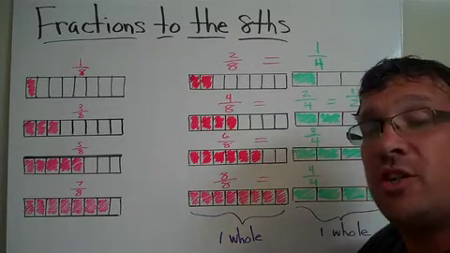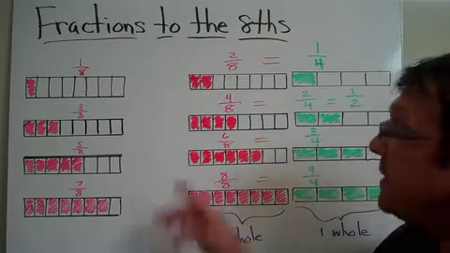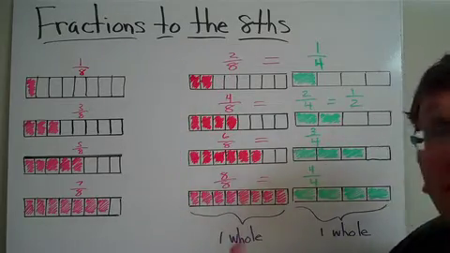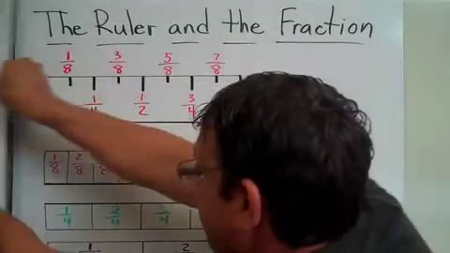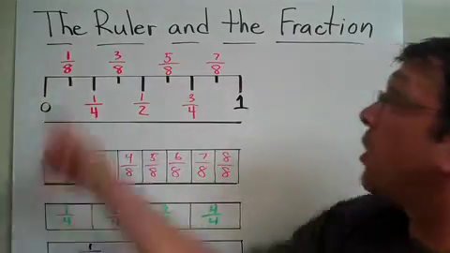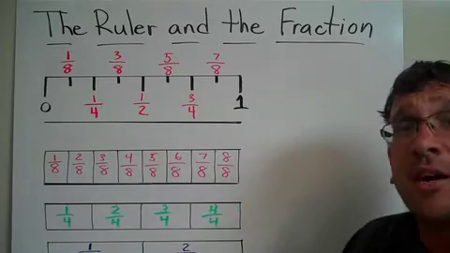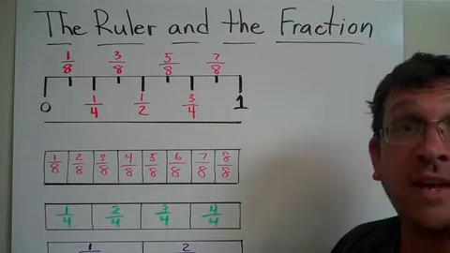Now let's go back to our ruler and see how these fractions work with our ruler. So the ruler and the fraction sounds like the title of some sort of a movie.